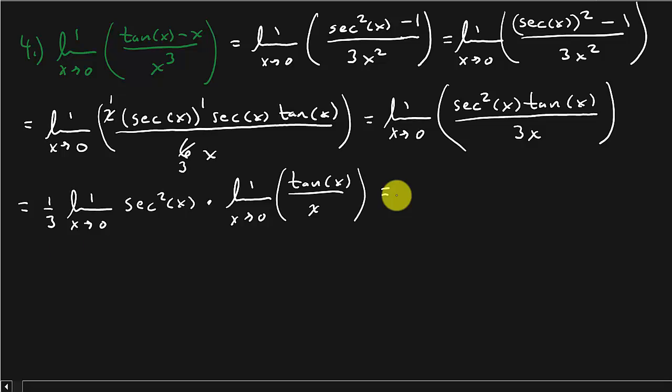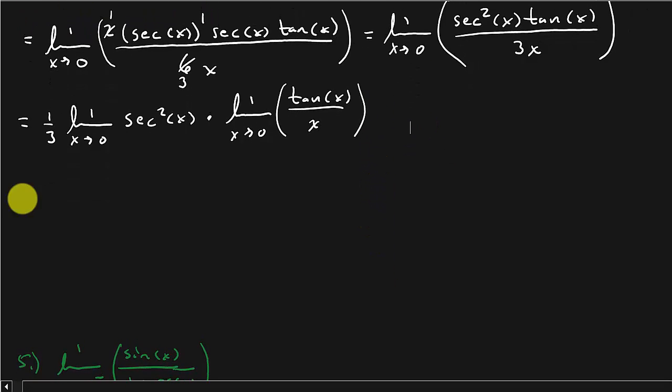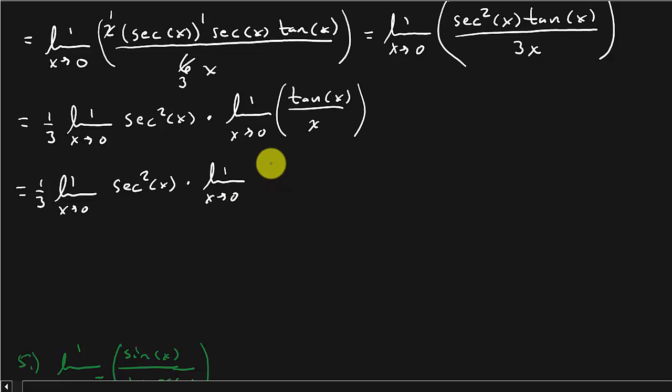So this limit right here, I'm not really concerned about it because I can just plug the 0 in, but if I plug the 0 in here it doesn't work. So what I can do is write this as 1/3 limit x goes to 0 of secant squared x times the limit as x goes to 0 of sine x over cosine x over x.